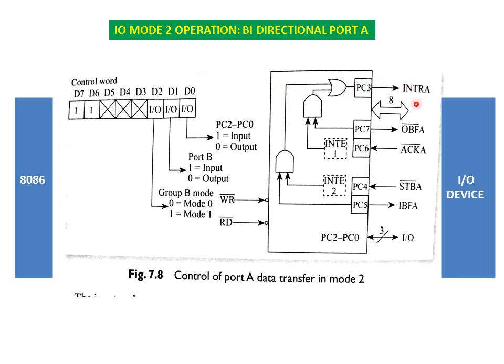This is an interrupt signal given from port A to the 8086 microprocessor. At that time the processor issues the RD signal, which is a low signal, used to read data from the port A bits or port A register.